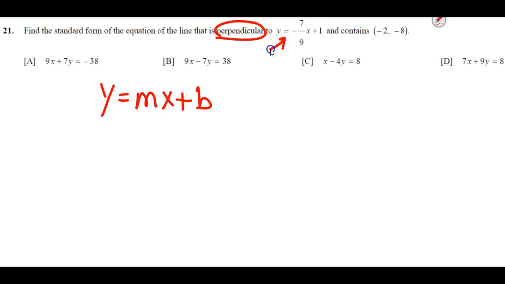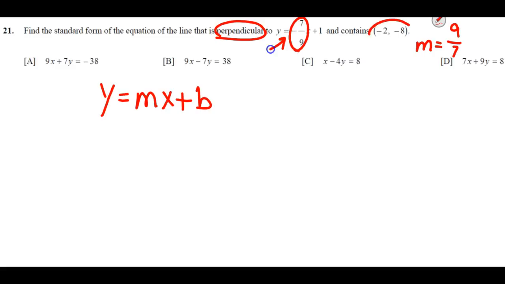So the new equation is going to have a slope of a negative reciprocal of this. So that means if it's negative already, and I'm going to take the negative reciprocal, that gives me 2 negatives, that makes it a positive, and I'm going to reciprocal it, which gives me 9/7.